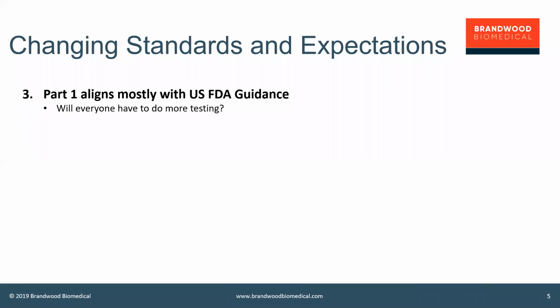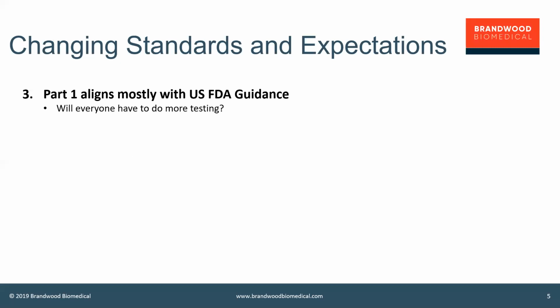So thanks, Arthur. Look, Part 1 now aligns mostly with FDA guidance, and I noticed that in the last month, FDA have added the new part of Part 1 to their list of recognised consensus standards. So does this mean that everyone will have to do more testing? So what you're saying is the table A1, I think it all hinges around table A1.